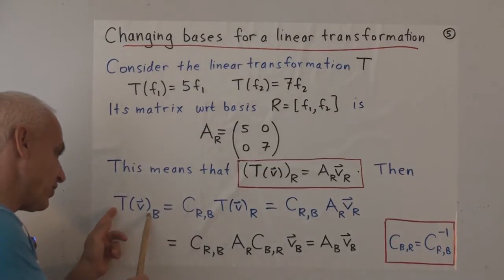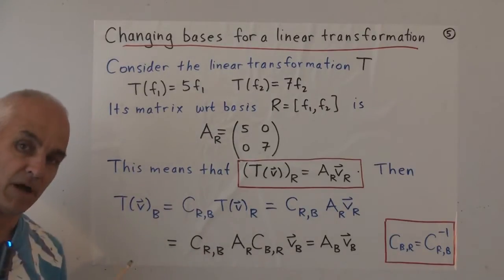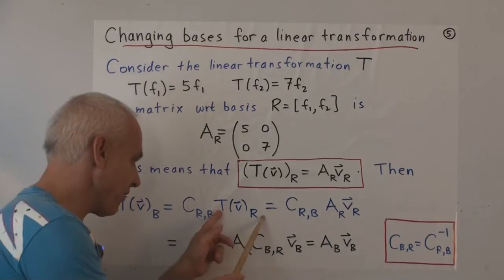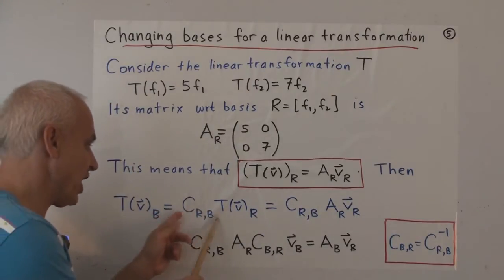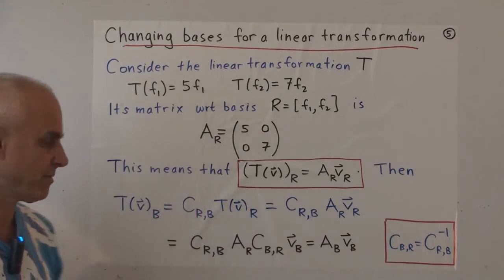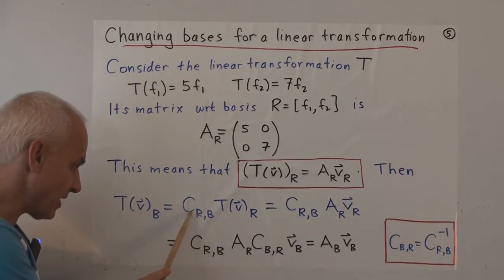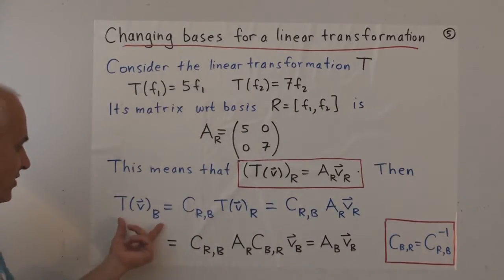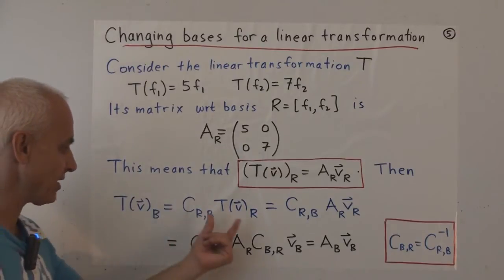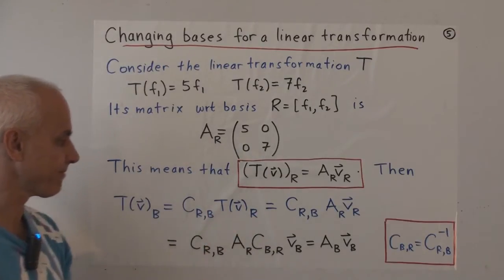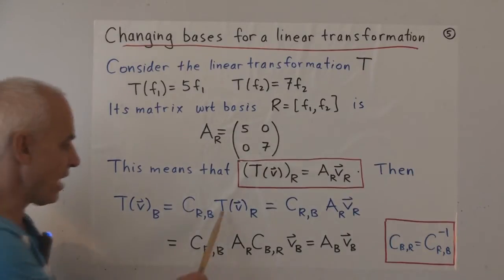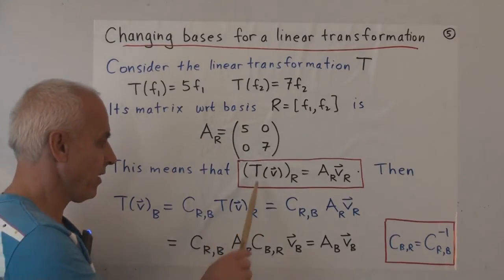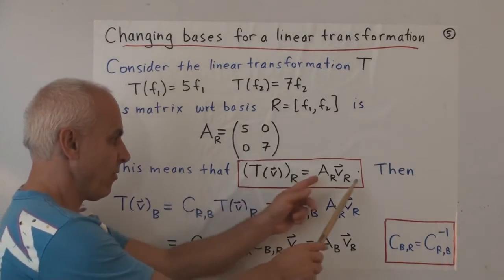To get the coordinate vector of the image in Bob's system, we need to multiply Rachel's vector by our change of basis matrix, C_RB. So that's [T(V)]_B equals C_RB times [T(V)]_R. And now [T(V)]_R is exactly this, so we can replace it with this.